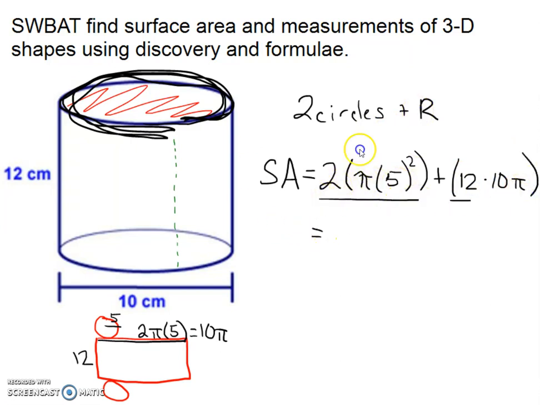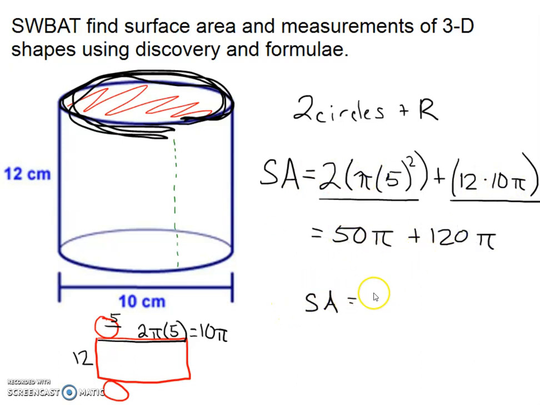And now we'll simplify it, and we're basically almost done here. So 5 squared is 25 times 2 is 50, so we have 50 pi. Plus 12 times 10 is 120 pi. So our final answer here, when we add these together, 50 pi plus 120 pi is 170 pi centimeters squared.